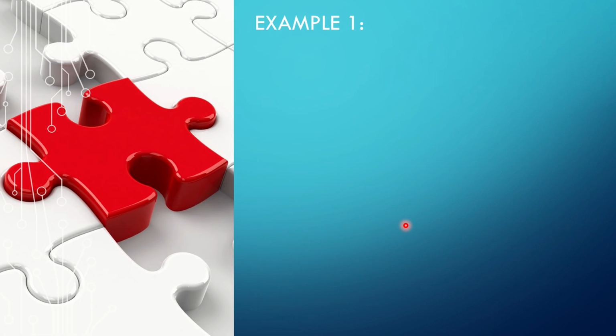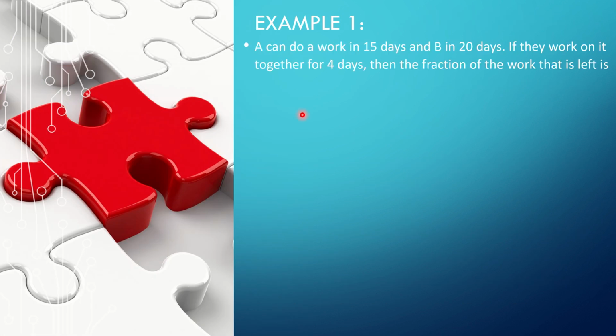So let's start with the first example. The statement is: A can do a work in 15 days and B can do the same work in 20 days. If they work on it together for 4 days, what is the fraction of work that is left? That means, how much work is done in 4 days if they work together.